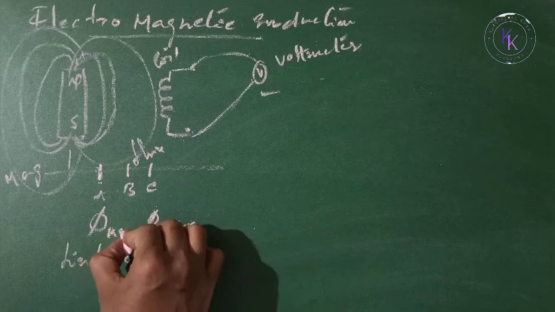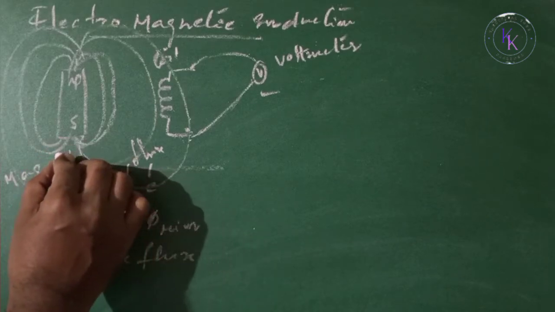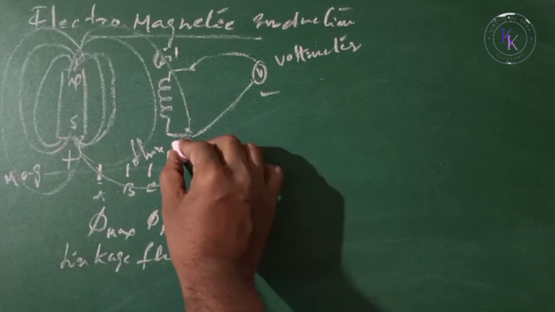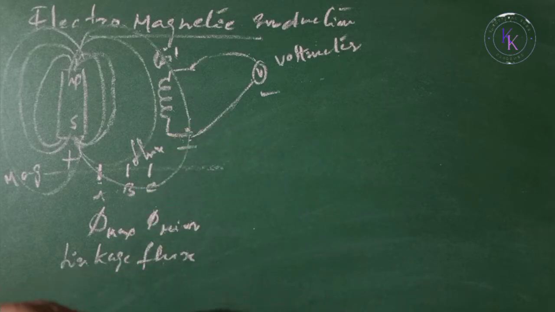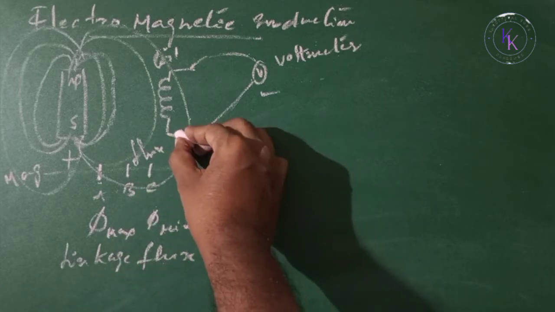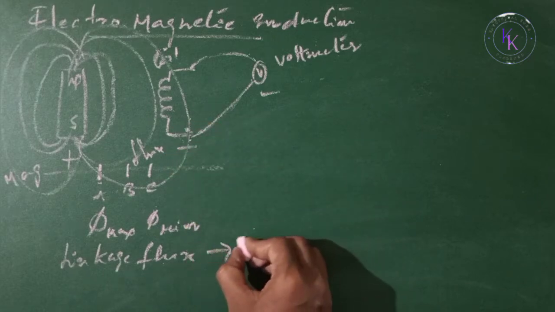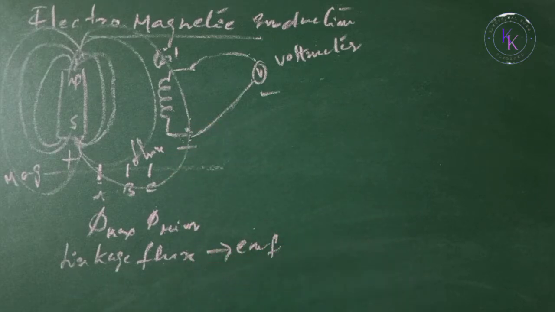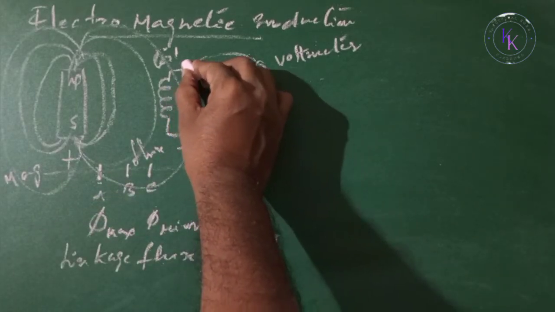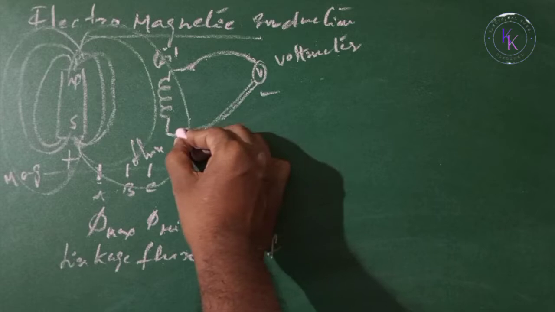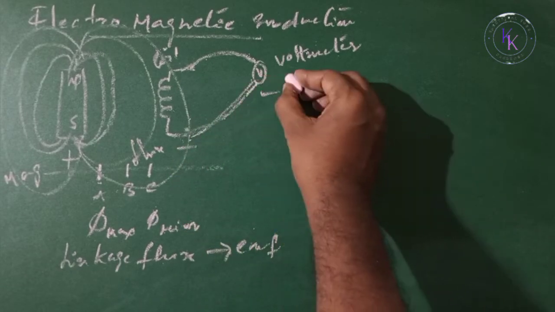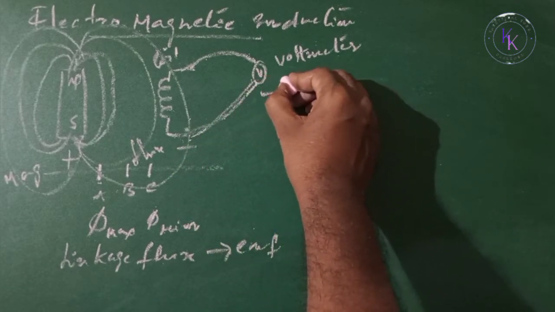Even if the magnet is stationary, if the coil is moving, there will be flux linkage in the coil. That flux linkage is going to cause an EMF in the coil, and that EMF is going to transmit a current through the wires to the voltmeter, which is responsible for the deflection of the voltmeter.